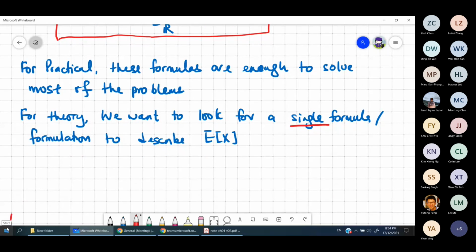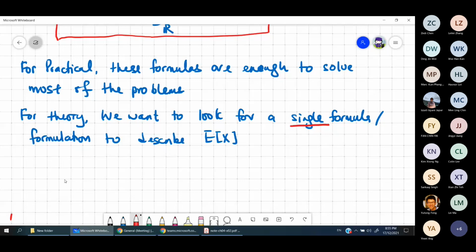That's why in this chapter we discuss the expectation value once again, which you have learned in your undergraduate courses. Those four formulas are already enough to solve most things. However, in this chapter, we want to discuss how to describe this expectation value with only one single formulation.